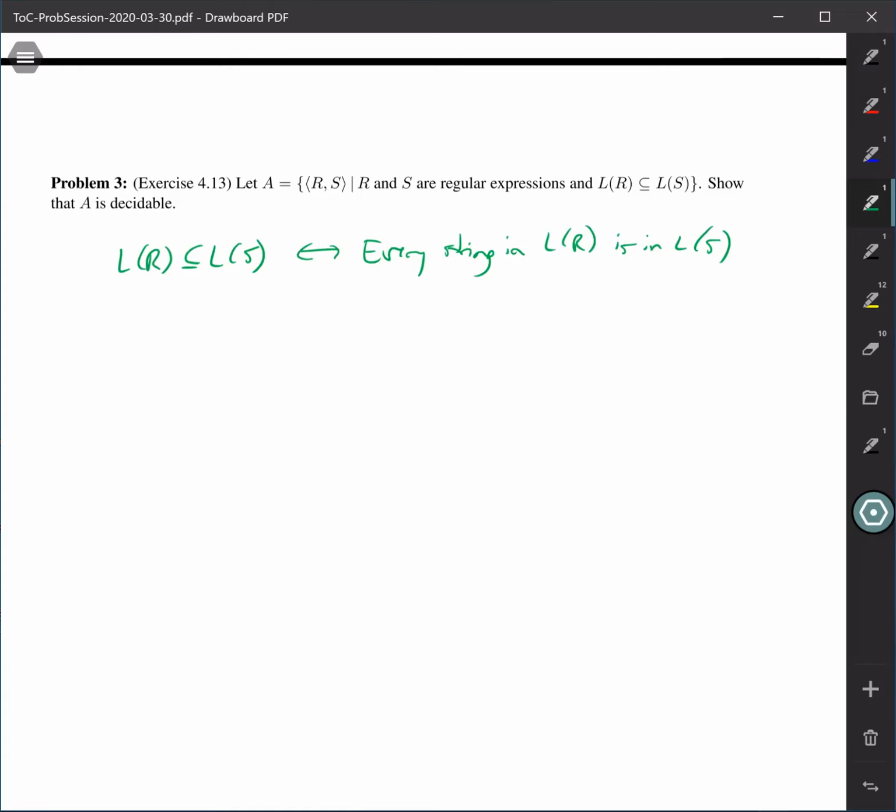One of the things you definitely should do is go back and study the construction they did in the book for the EQ DFA language, determining whether two DFAs accept the same language. What they did is turn that into operations on sets. We can do complements, unions, and intersections, and all of these were DFA modification algorithms that we talked about in chapter 1, right?